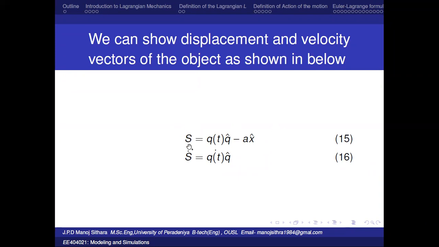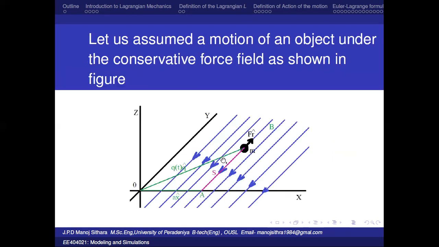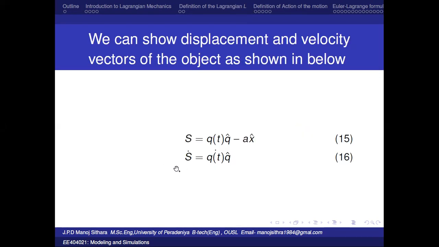Now, if you use capital form, it represents a vector, right? Capital form is a vector. And we can also derive the velocity of the object using the position vector.